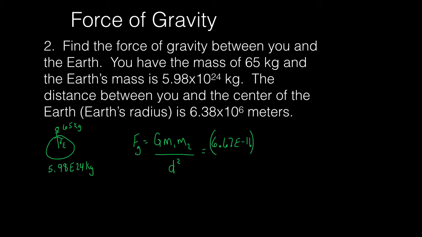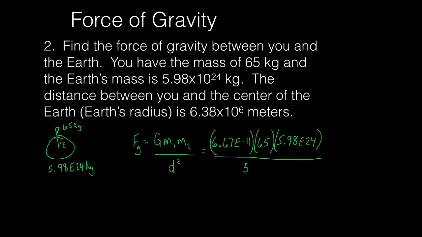Okay, that's what G equals. M1, let's just say the mass of you is 65 kgs. And the mass of the Earth, 5.98 times 10 to the 24th kgs. And we have to divide that all by the distance between them squared. The distance between you and the center of the Earth we'll call the Earth's radius.